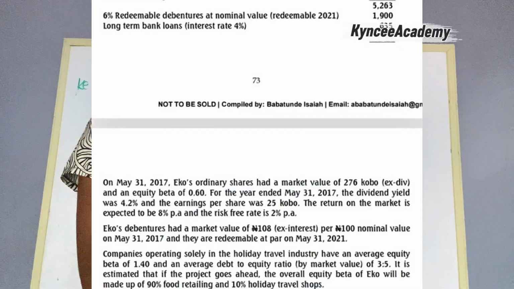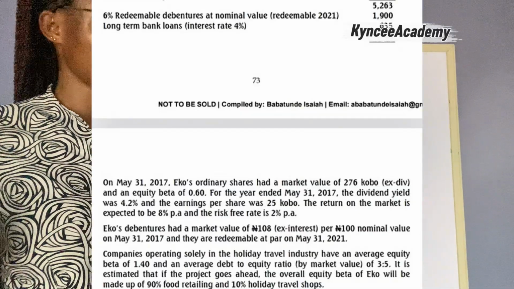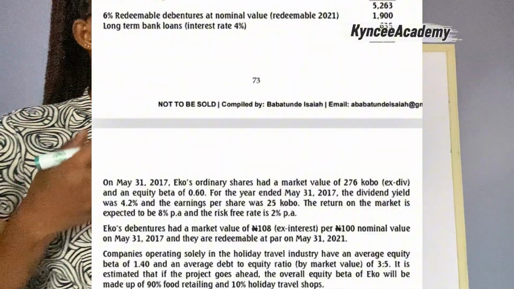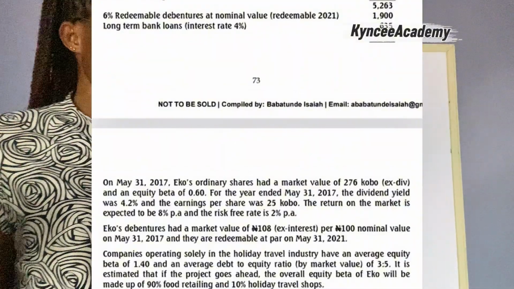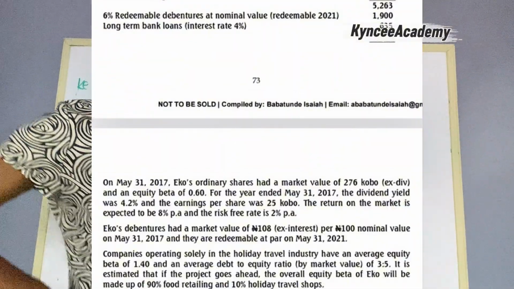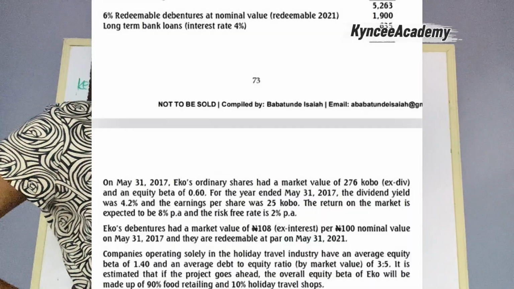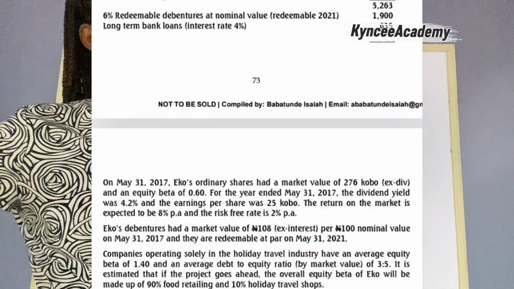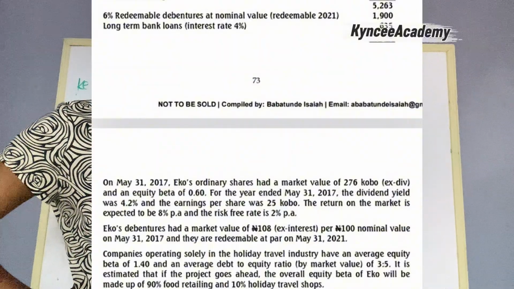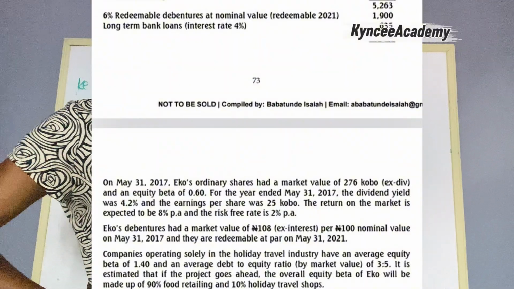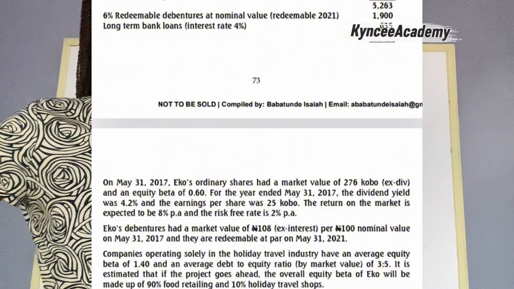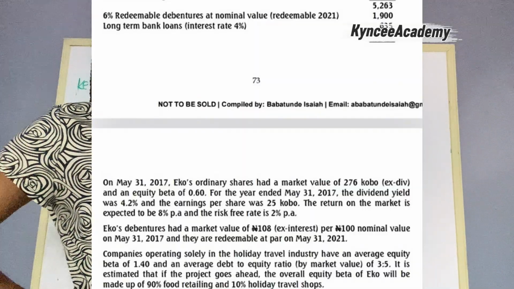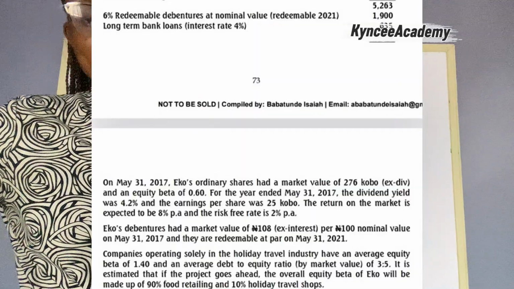So we have 276 kobo, that's the market value, and an equity beta of 0.660. For the year ended May 31st, 2017, the dividend yield was 4.2%, and the earnings per share was 25 kobo. The return on the market is expected to be 8% per annum, and the risk-free rate is 2.2% per annum.